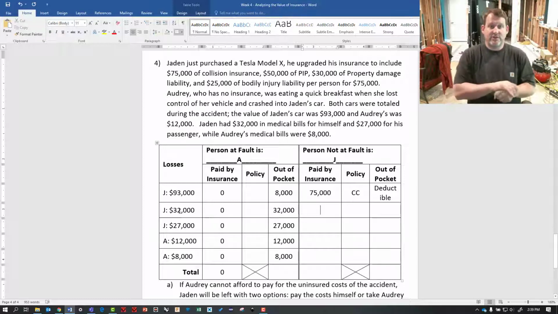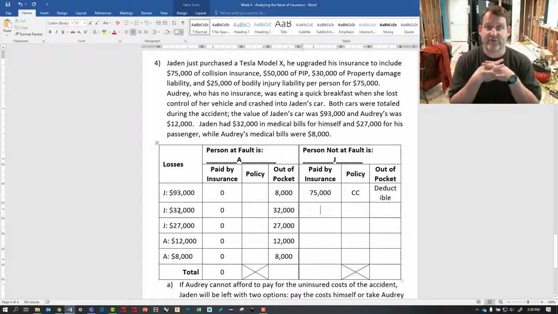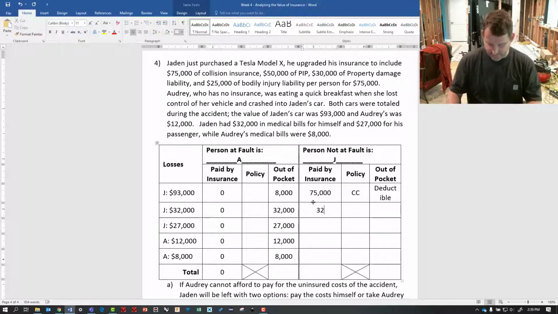Now, Jaden, his injuries, so this is where his PIP kicks in. So $50,000 in PIP. So that's going to cover his injuries of $32,000. And he still has $18,000 left over. So that's what PIP covers, for a total of $50,000.